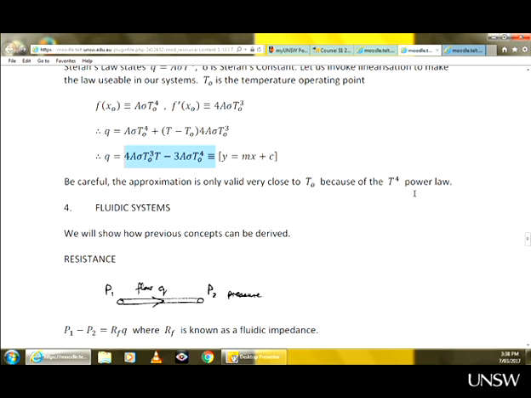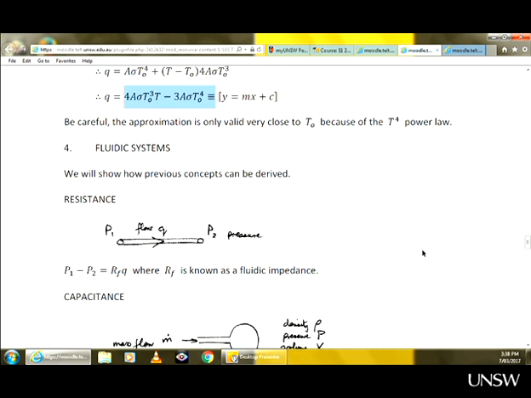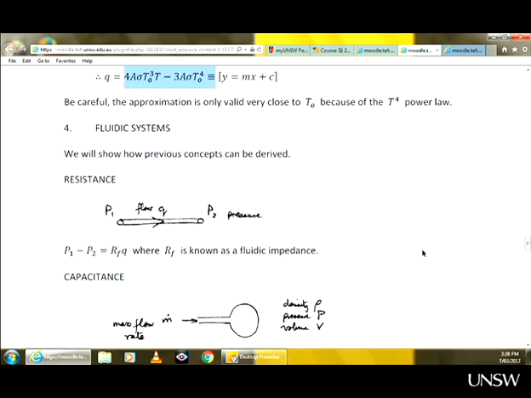A little bit about fluids. So if you have a pipe and a fluid is flowing through the pipe. At one end of the pipe, there will be pressure 1. At the other end of the pipe, there will be pressure 2. The pressure difference is proportional to flow Q, times this, let's call it resistance.